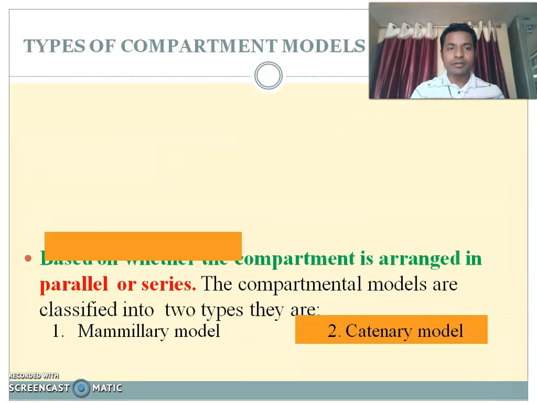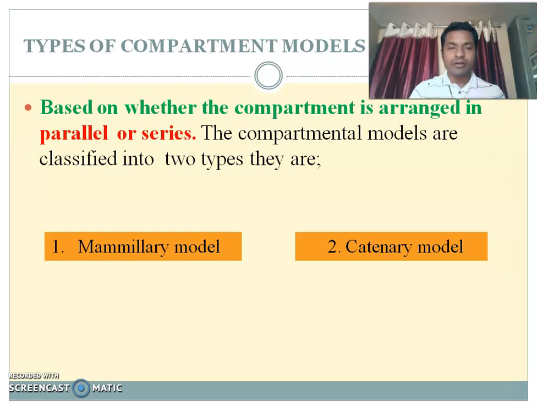Then next, what are the types of compartment model, right? On the basis of compartments arranged in parallel or series, they are classified into two types, right? First one is the mammillary model, second is the catenary model. Mammillary model means there is a central compartment at the center and the other peripheral compartments are surrounded by the central compartment.